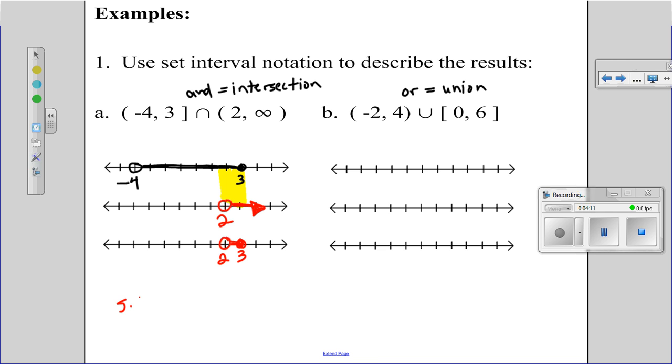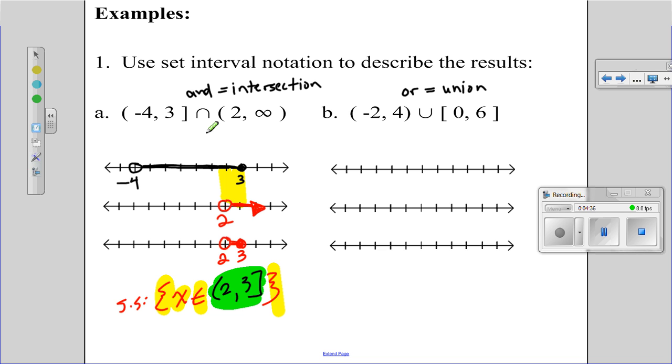So our solution set is the set of all numbers x which belong to the interval from 2 to 3, not including 2, but including 3. So that combines our set notation, which is your braces and your x, with interval notation, which is your square and round brackets.